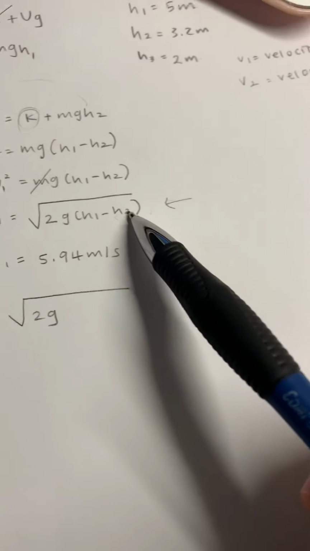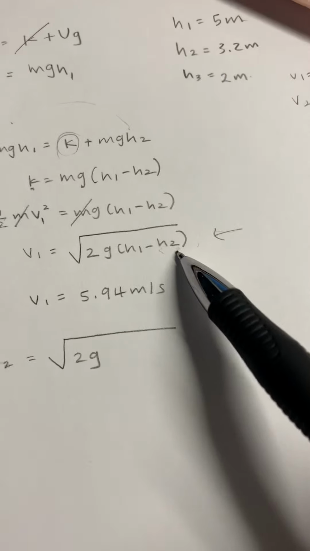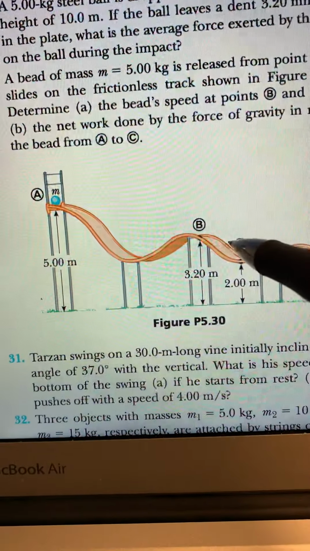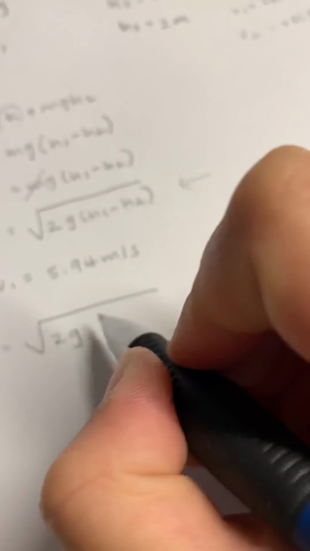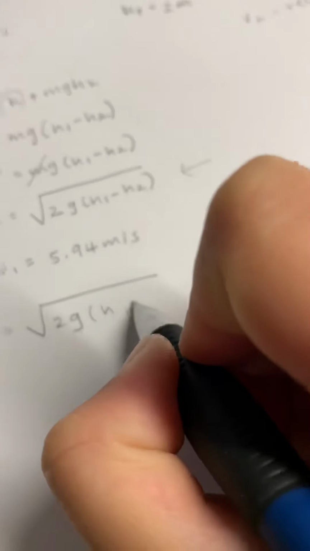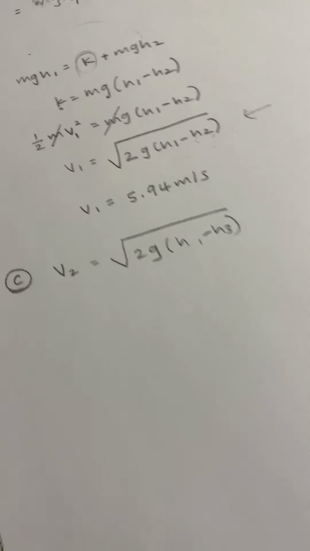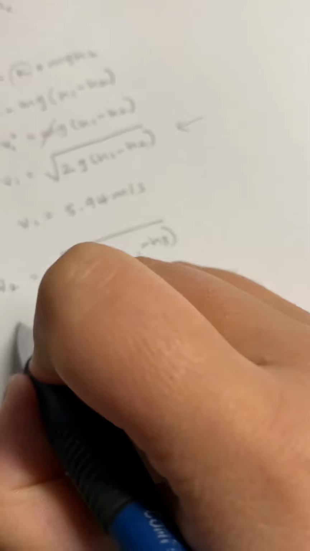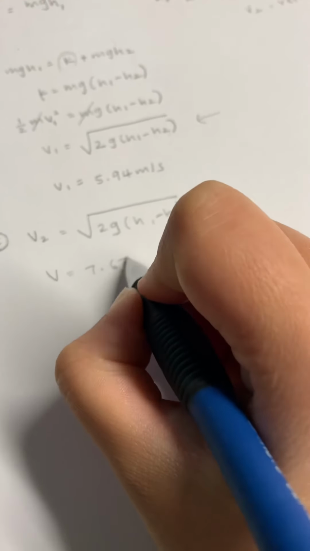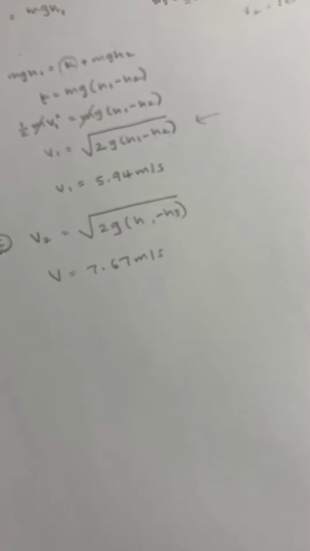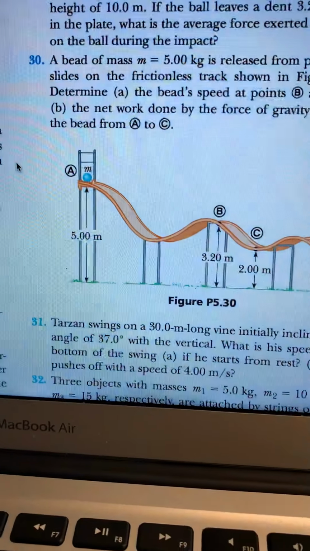So instead of h1 minus h2, you change that to h1 minus h3, because you're going from here to here, and that's h3. If you just change that, you can still keep the equation you solved for in the beginning, which saved a lot of time. I put it in the calculator, and it was about 7.67 meters per second. So that's how you do part A.